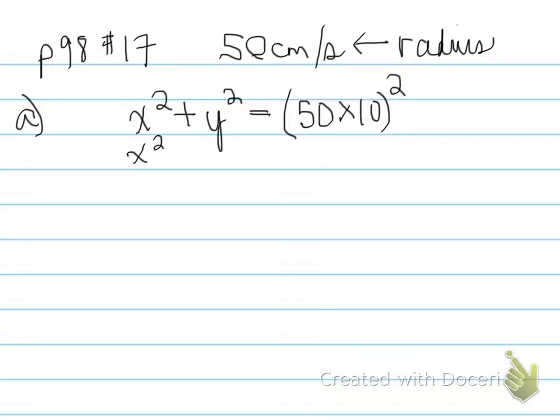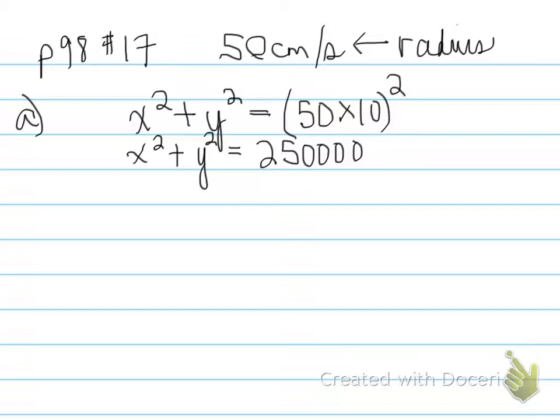So x squared plus y squared equals 50 times 10 all squared, which is going to equal, 500, no, sorry, that's not correct. It will equal 25 and 4 zeros. So 250,000. X squared plus y squared is equal to 250,000.